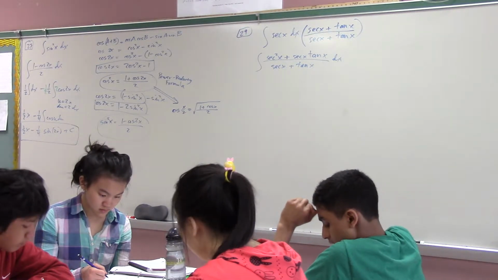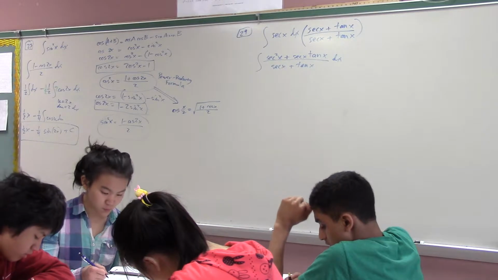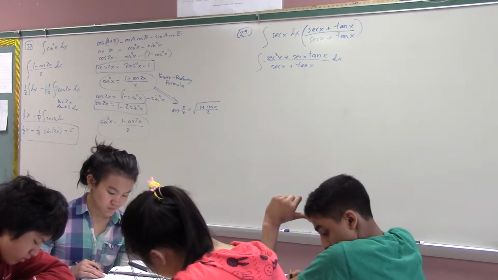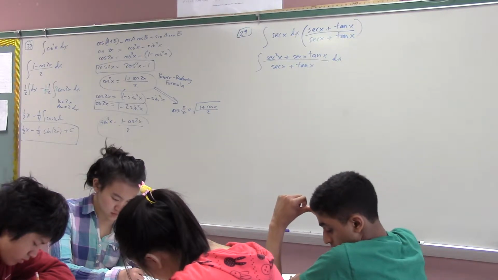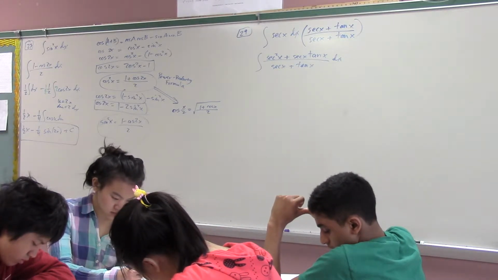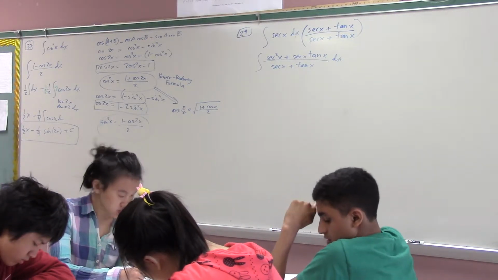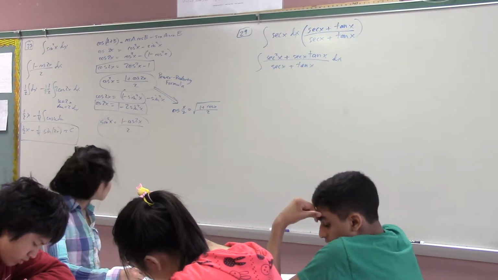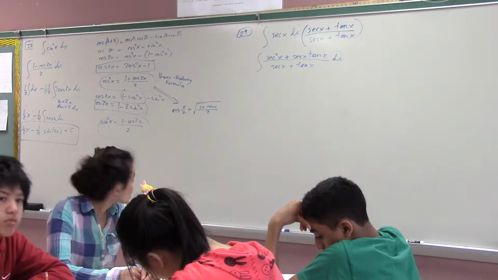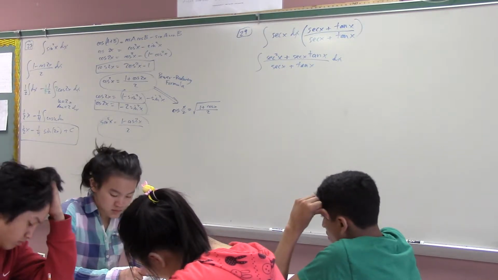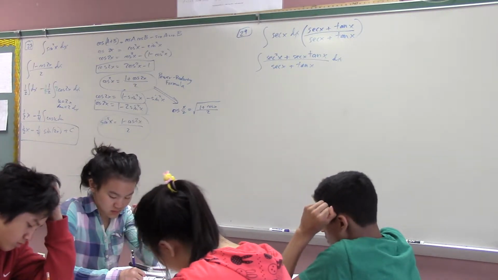You guys notice something now? What do you notice? When you multiply them out, it looks good. Why does it look so good? Because secant squared x is the derivative of tan.